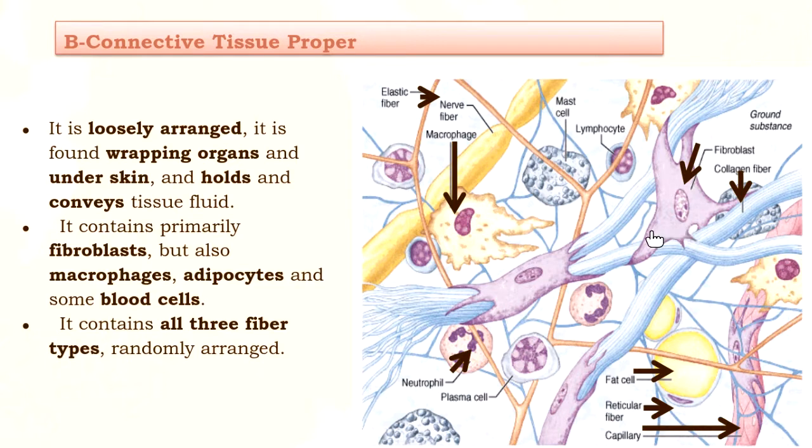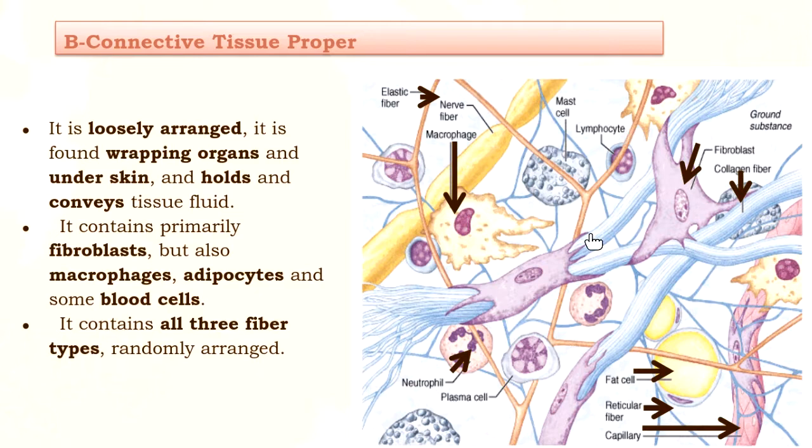These large blood vessels are present. I hope you can see it clearly. The arrow first here is showing capillaries. The yellow appearing are the fat cells. Then here different fibers. These are the elastic fibers. The branching are the elastic fibers.